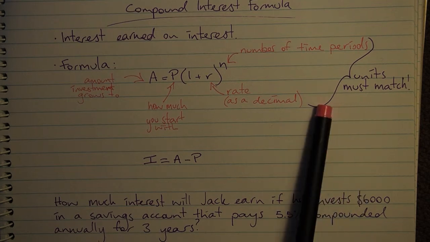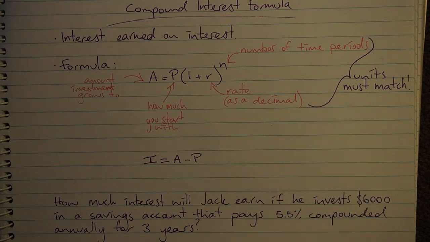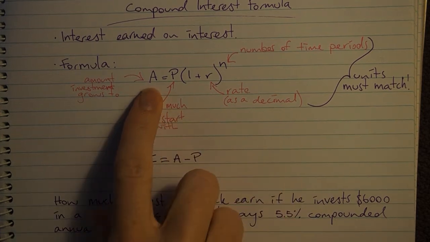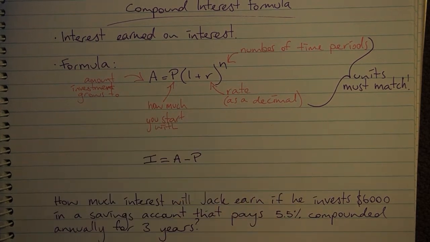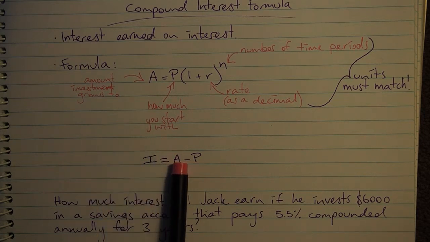I will show you an example a little bit later about how to go about that. As I mentioned, the compound interest formula calculates what the investment actually grows to. So if you want to calculate the interest earned, you need to use: interest is equal to the final amount minus the principal that you start with.